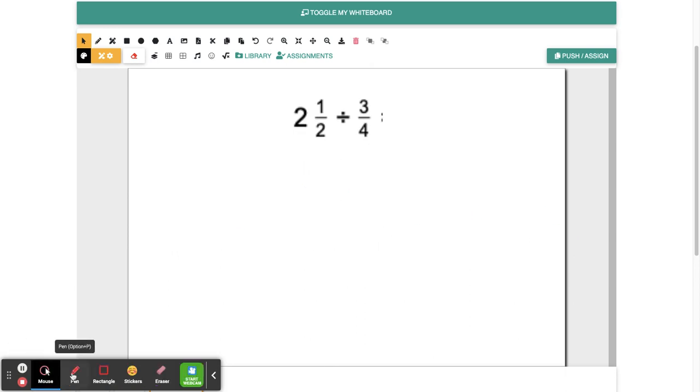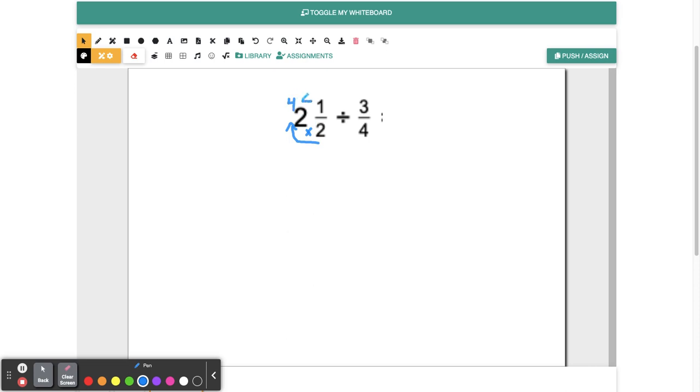Now here I don't have a whole number, but I still don't quite have a fraction with a numerator and denominator. I have a mixed number here. How do we turn mixed numbers into improper fractions? Take the denominator, multiply by the whole number: 2 times 2 is 4.